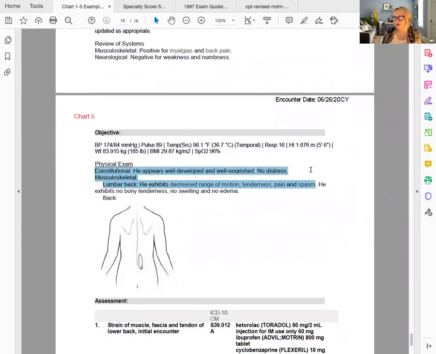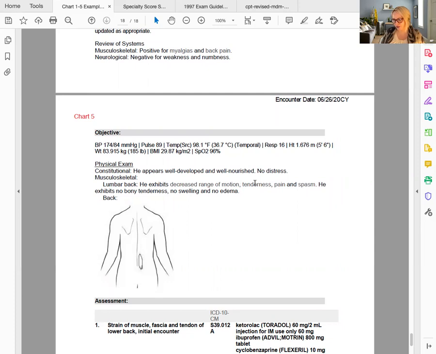Physical exam gives you some information about their overall appearance and specifically looking at the musculoskeletal of the lumbar back. And they've shown you exactly where on the bottom right side of the back.